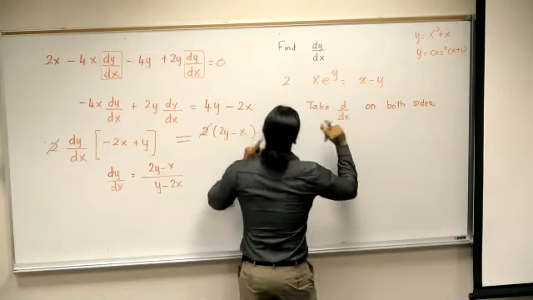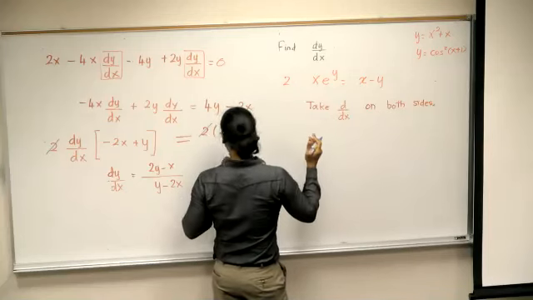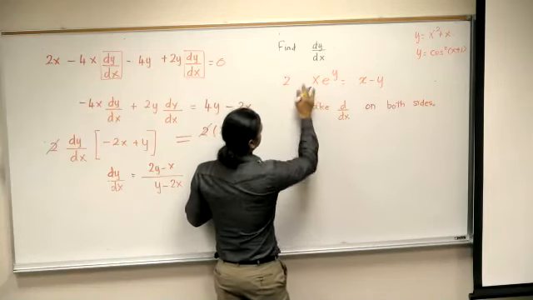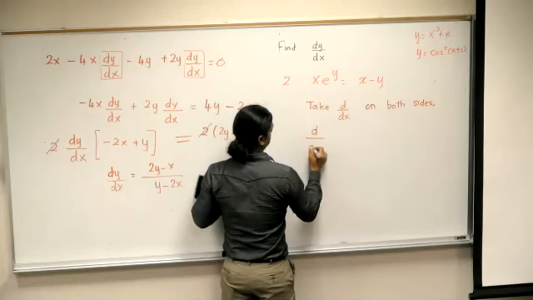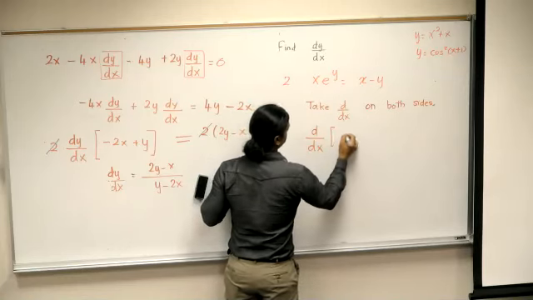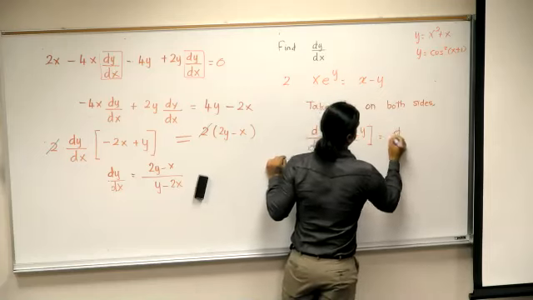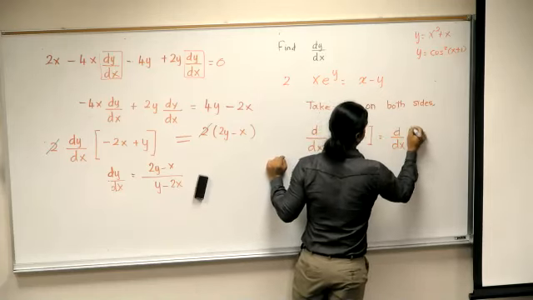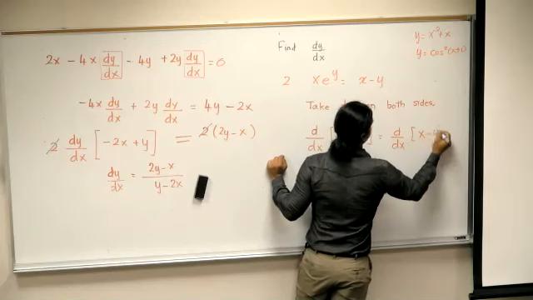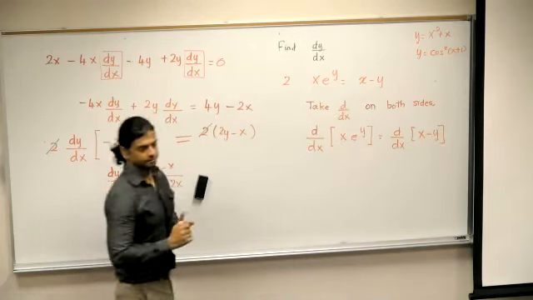I don't know why you guys did that, perhaps due to familiarity. So d over dx of x e raised y, d over dx of x minus y. Good.